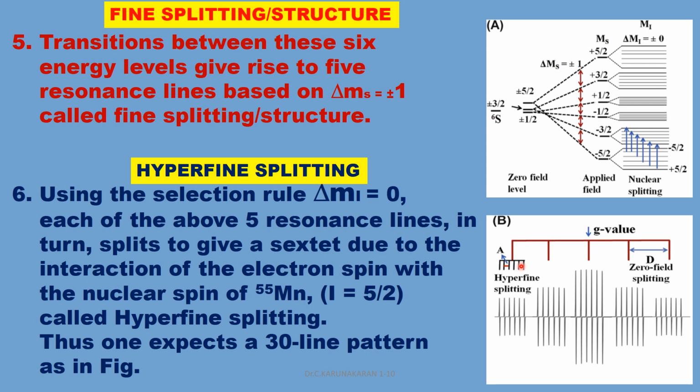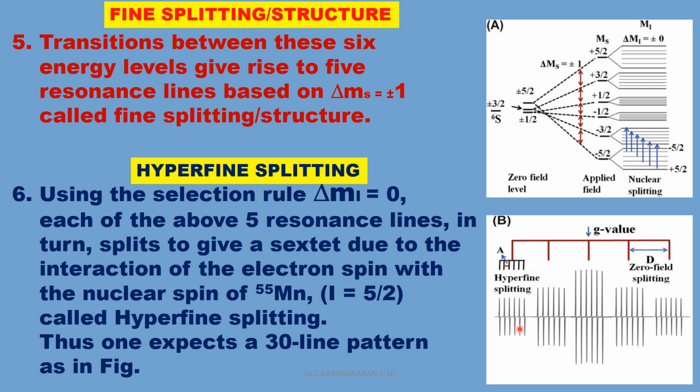Each one of the 5 resonance lines further splits into 1, 2, 3, 4, 5, 6, a sextet, due to the interaction of electron spin with the nuclear spin of Mn55, I equal to 5 by 2, called hyperfine splitting.